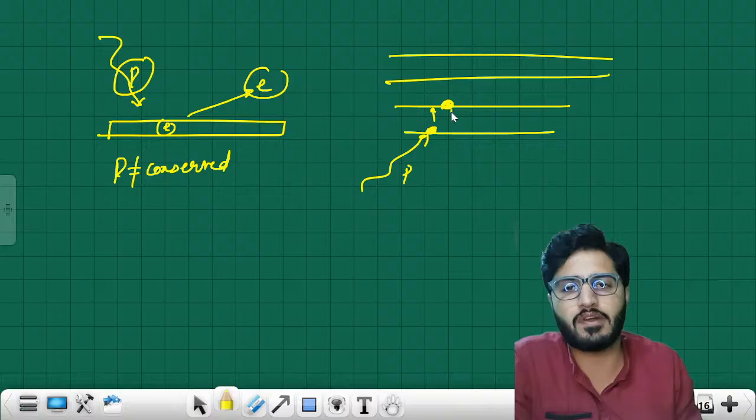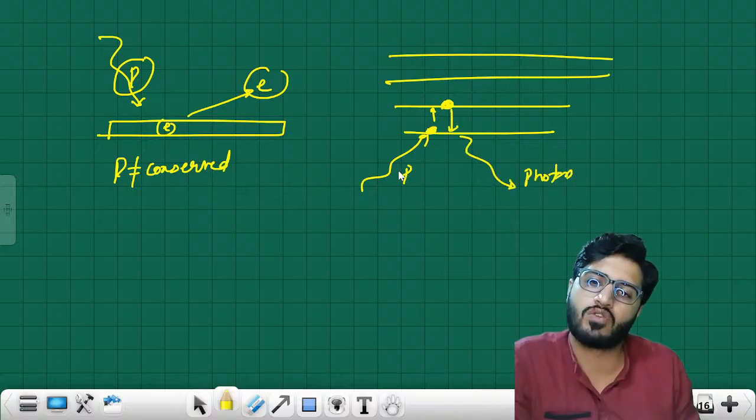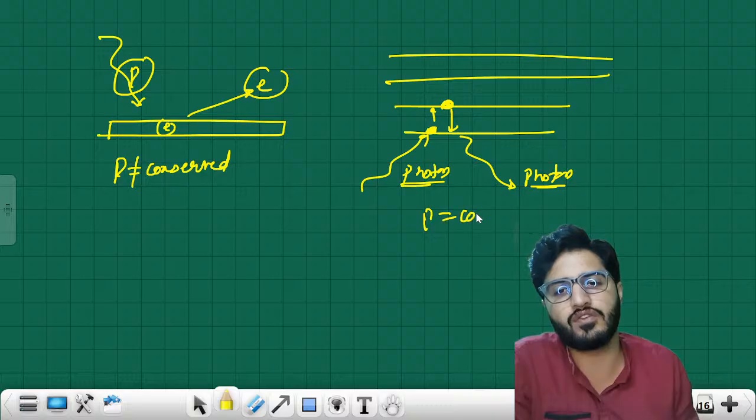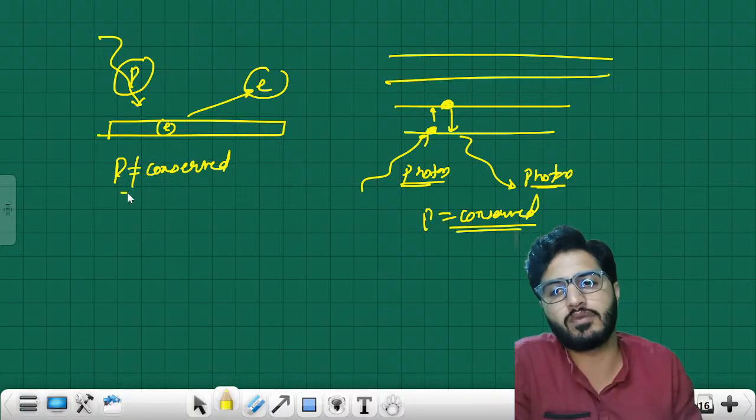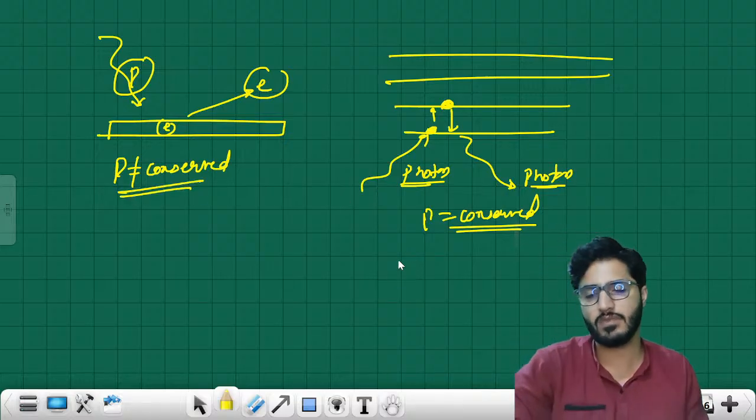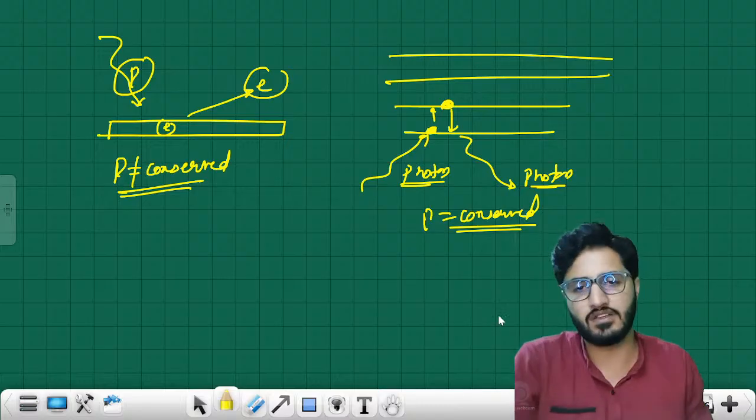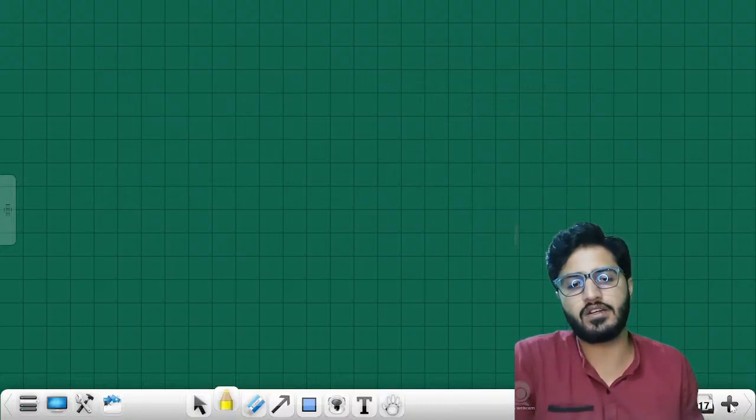After some time it comes back and releases energy in the form of a photon. So we give a photon and we get a photon, so here the photon is conserved. So in any process, the photon may or may not remain conserved. With this, we have almost completed the photon theory.